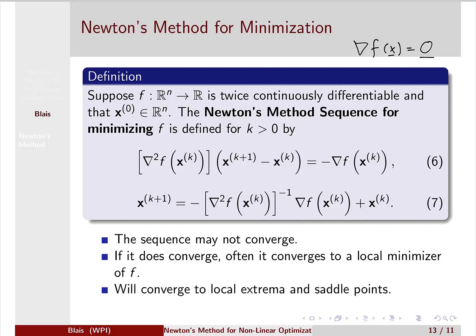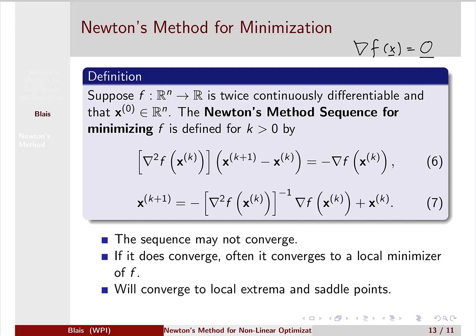If you have a nice situation where you know your f is convex, remember those first order necessary conditions become sufficient as well. And so for a convex problem, Newton's method is only going to hone in on minimizers, global minimizers, if it's converging.